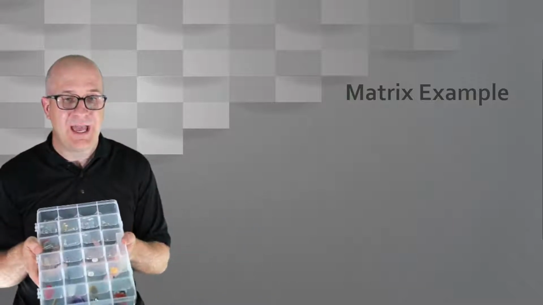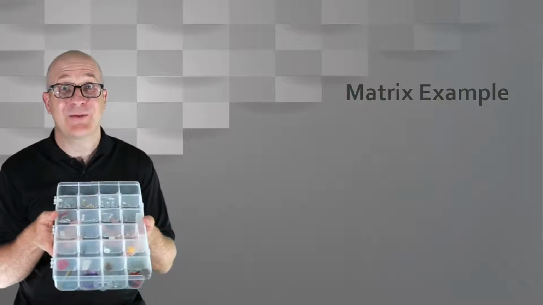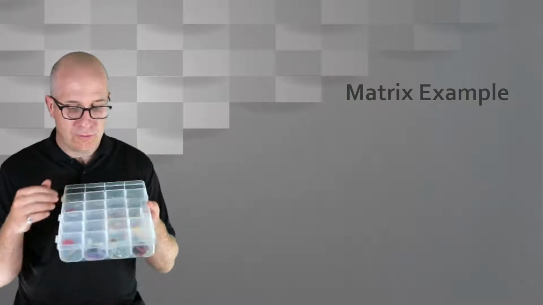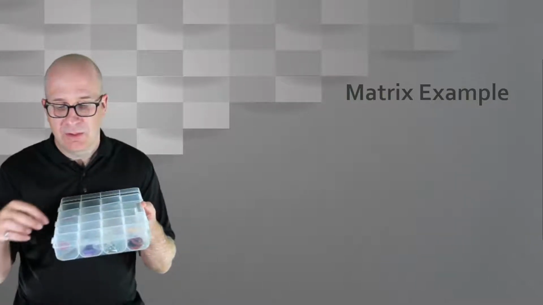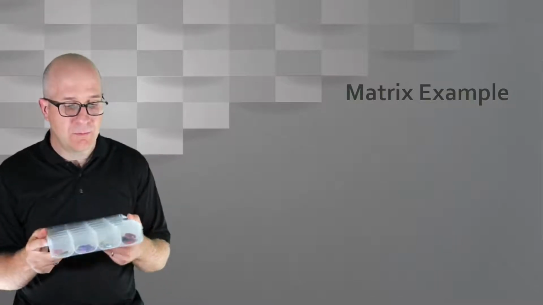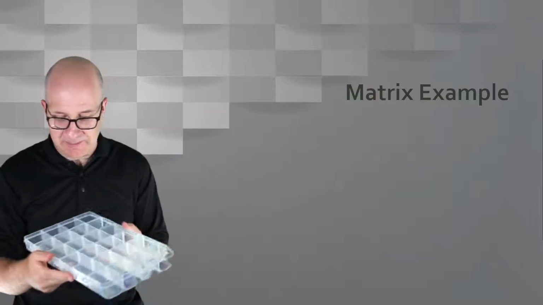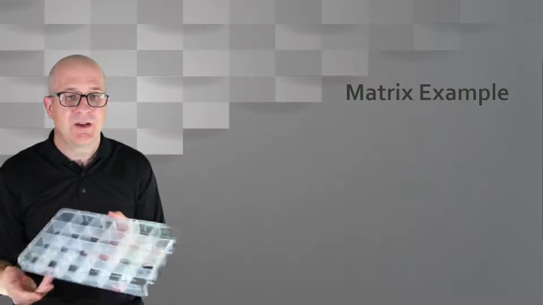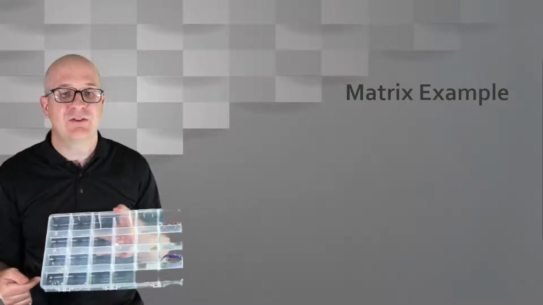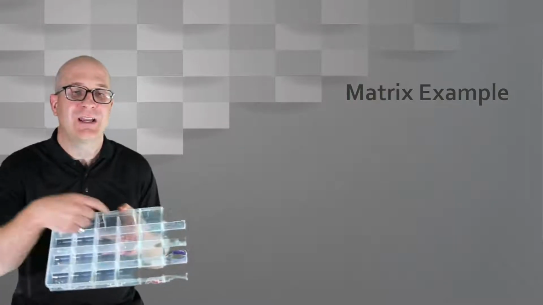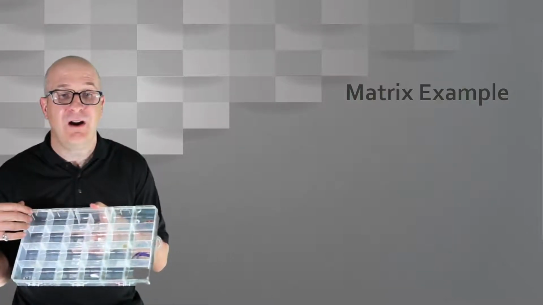For this example, I've got this hardware bin of mine, and it contains all different kinds of hardware: screws, rubber bands, caps, plugs for the wall, some rubber washers, all kinds of things. In this hardware bin, what I might be interested in is how to determine how much of a certain piece of hardware I've got.